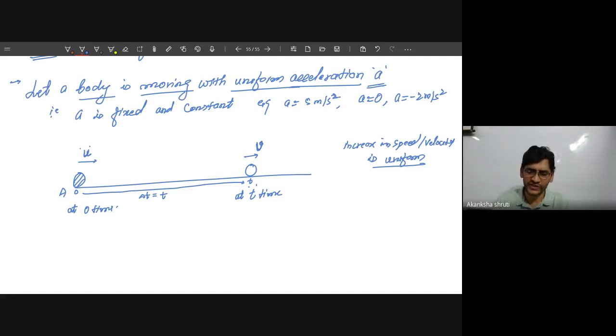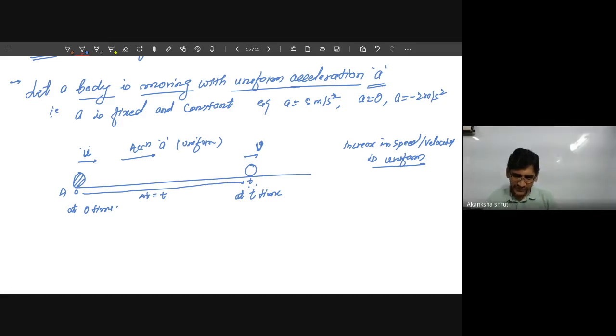Say in the first 2 seconds, whatever the change in speed, the same will be for the next 2 seconds, and the same for the next 2 seconds, and so on. So while moving from here to here, the body has uniform acceleration a.